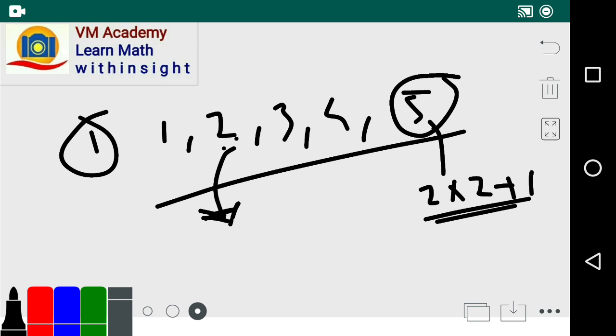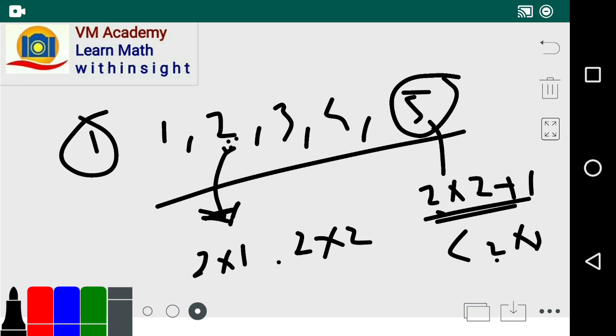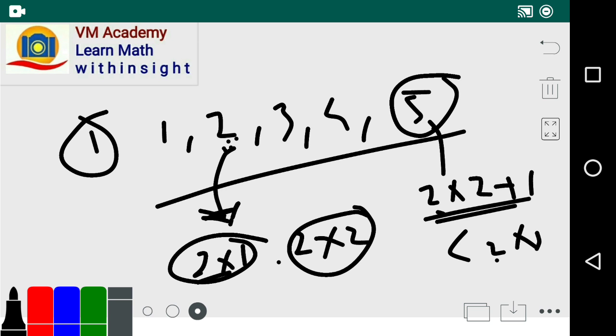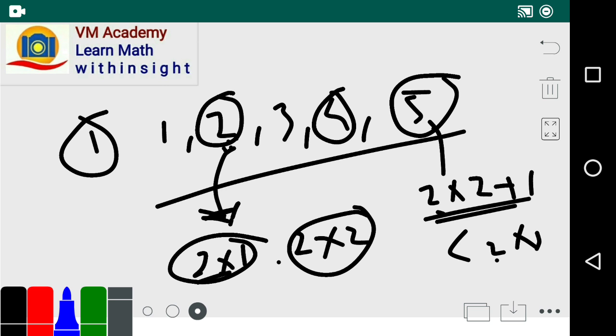That means numbers divisible by 2. So how to count? 2 means 2 into 1, and the next multiple comes 2 into 2, and then 2 into 3, but 2 into 3 is greater than this. So up to this point we get these 2 multiples, friends, that is 2 and 4. And how many multiples are there? This 1 and this 2.